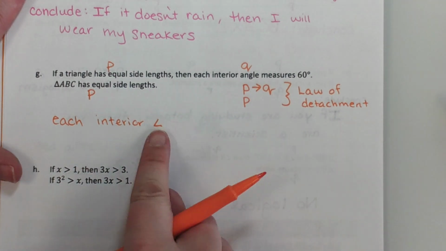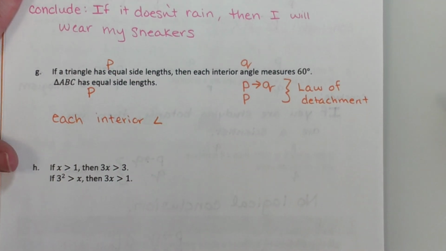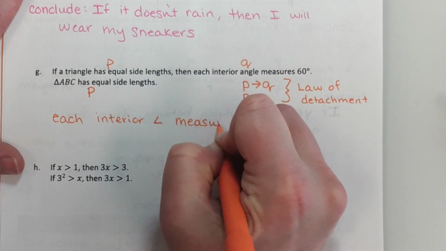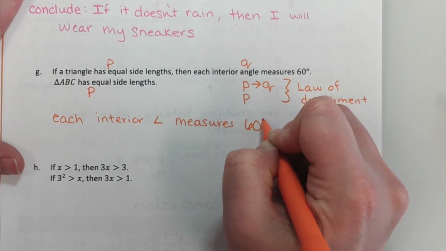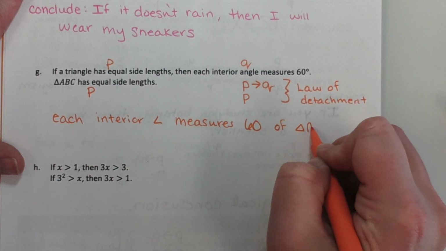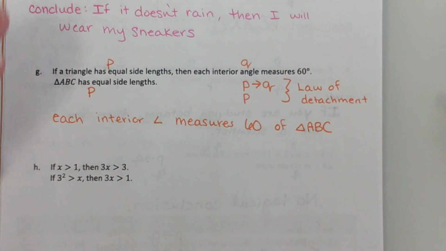By the way, you could use angle symbols if you want. Oops, I forgot to relate it back to triangle ABC.